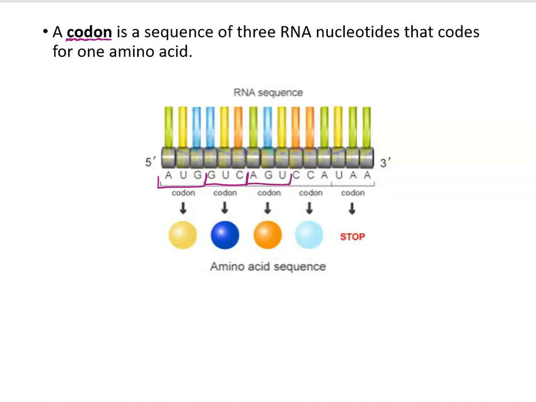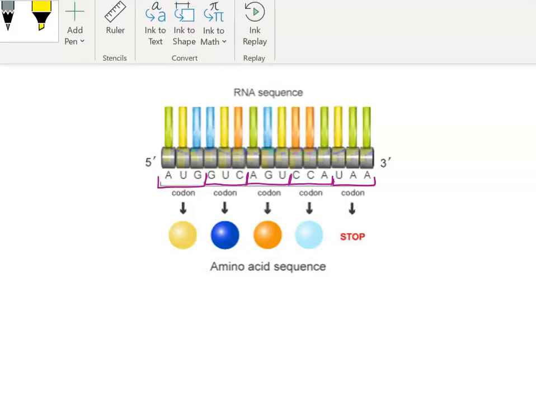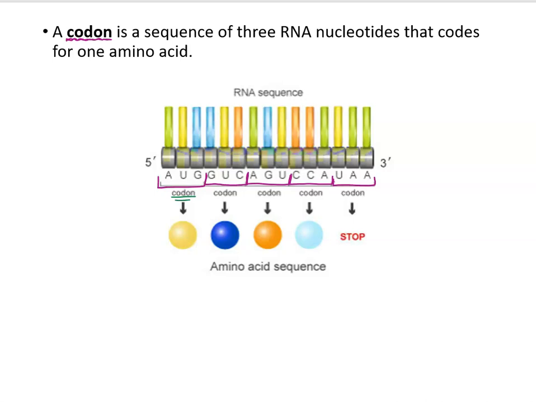And one of these codons codes for 1 amino acid. So a codon codes for 1 amino acid. As you can see here, the codon AUG, again, 3 letters at a time, gives us 1 amino acid.